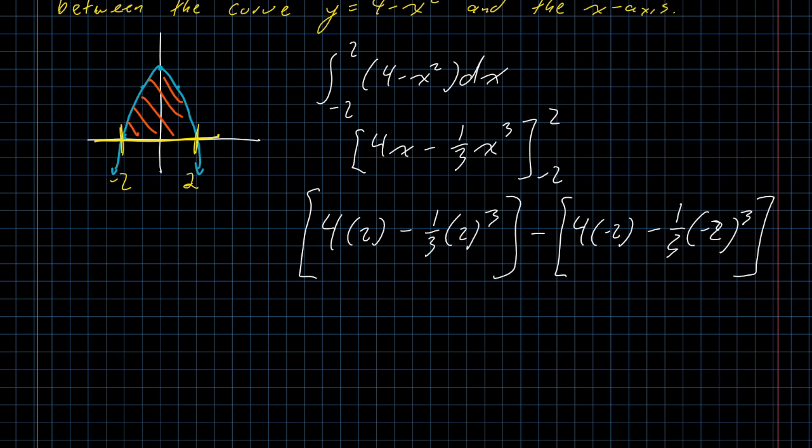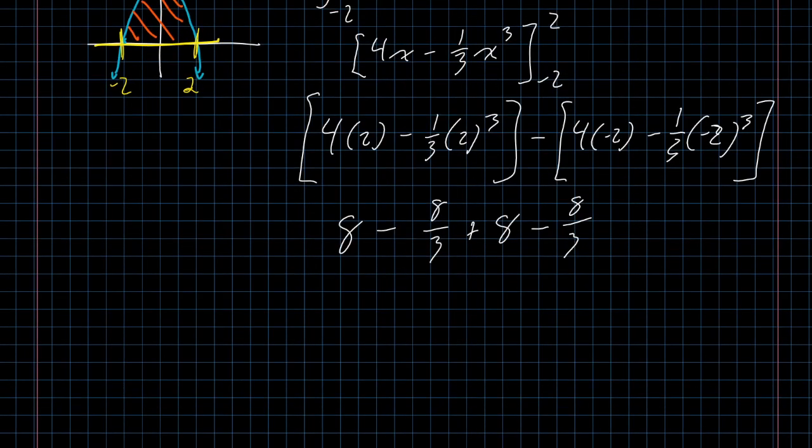You could use a calculator from here, but the arithmetic is fairly straightforward. We have 8 minus 8/3 plus 8, right? Minus a minus is plus, and then we have minus a minus a minus, which is going to end up being minus 8/3, which is 16 minus 16/3.